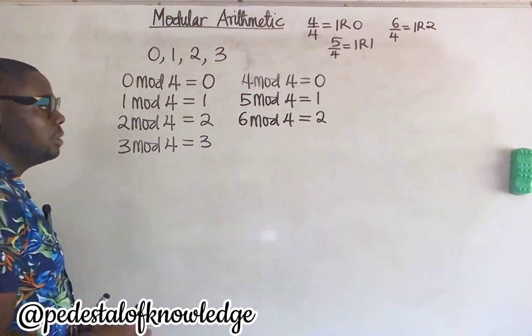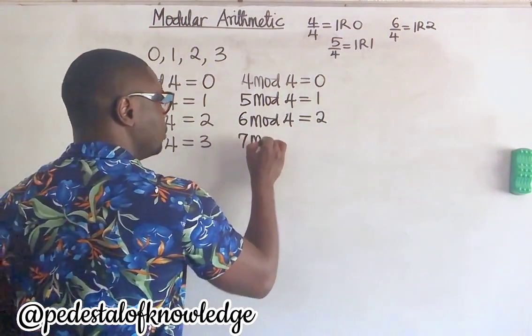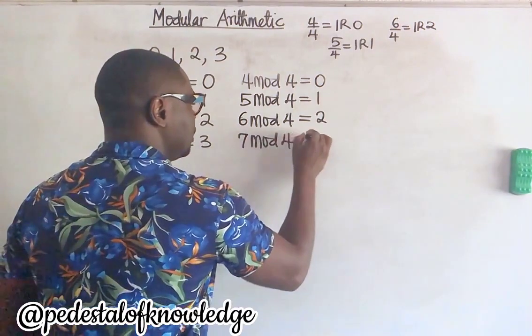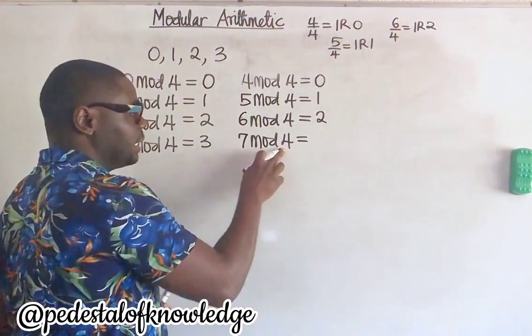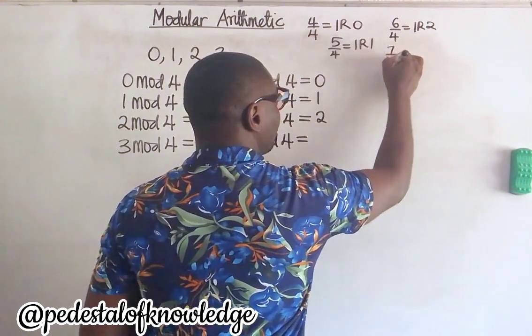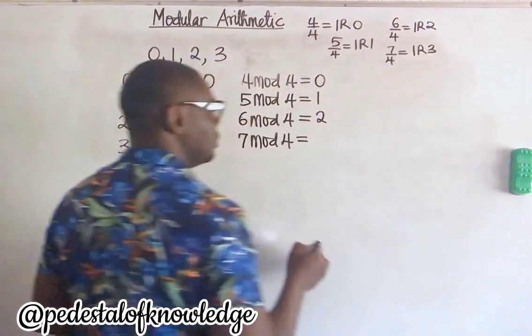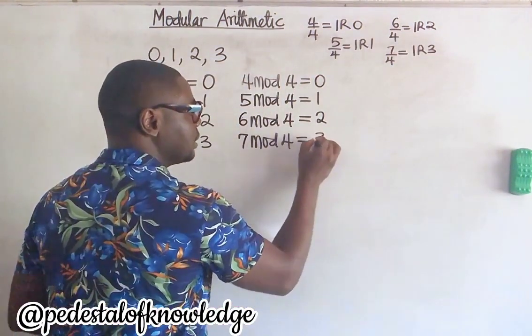Alright. Now the next whole number after 6 is 7. 7 mod 4 is equal to, because 7 is greater than 4, you divide 7 by 4. 7 divided by 4 will give us 1 remainder 3. So we put down the remainder 3.